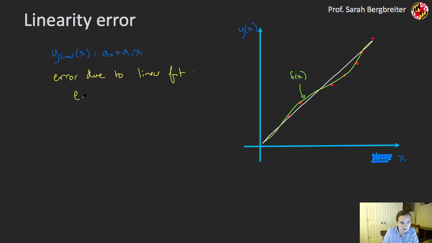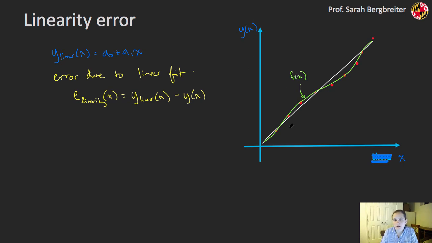So that linearity error, I'm going to call E linearity, is going to be a function of whatever input I have. Obviously it's going to be different at different points, and that's going to be y linear minus the true y of x. And that would of course be measured in whatever output units y of x is.